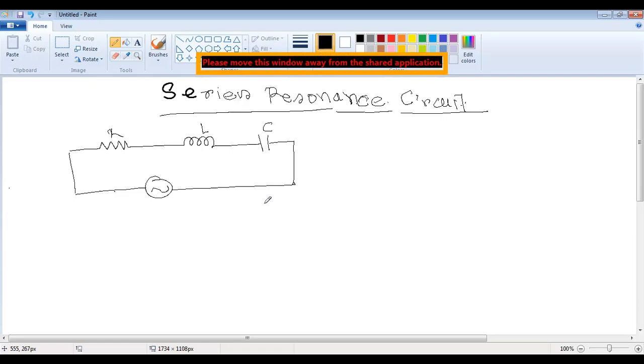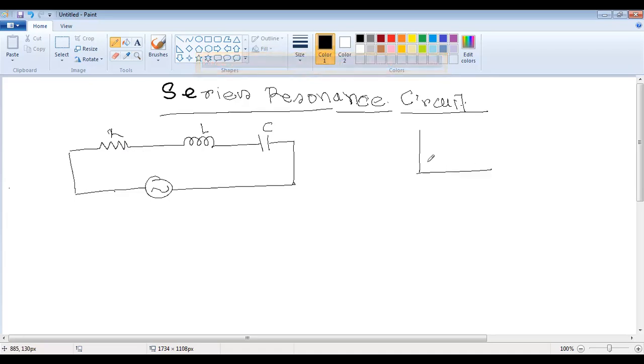In a series resonance circuit, the condition is when no resistance is there, or you may say the resistance is very low. If there is no resistance, then this is a resonance condition.